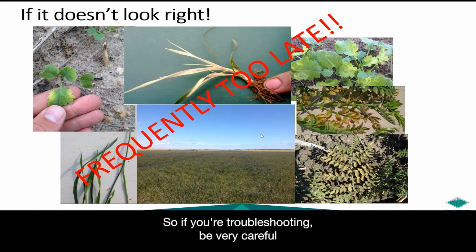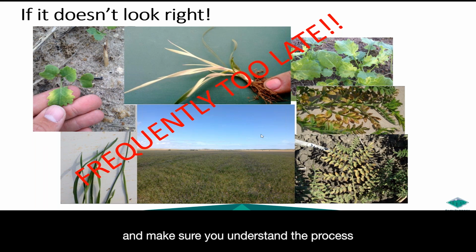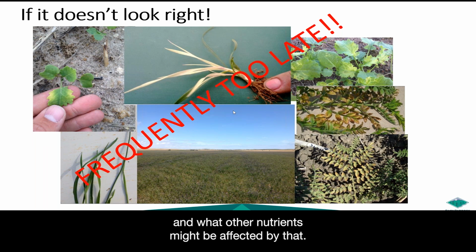So if you're troubleshooting, be very careful and make sure you understand the process of working through what might be a totally biochemically disrupted plant and what other nutrients might be affected by that.